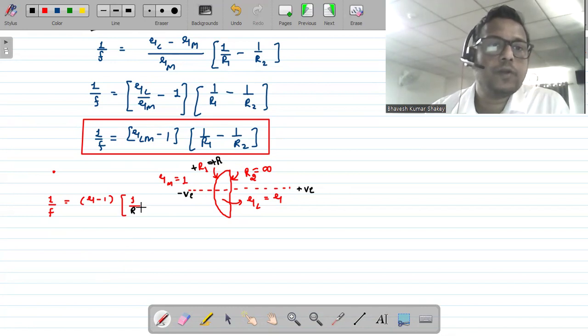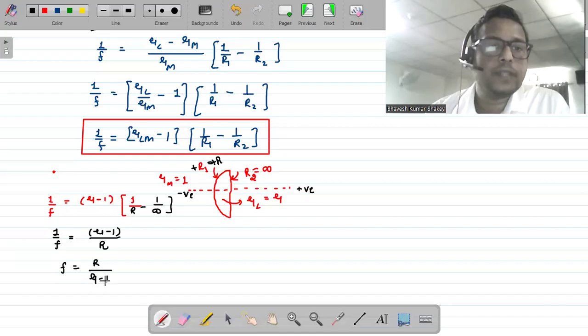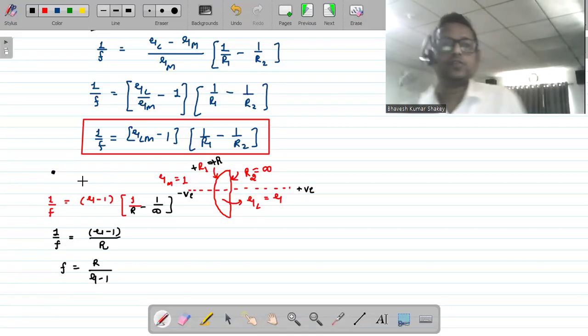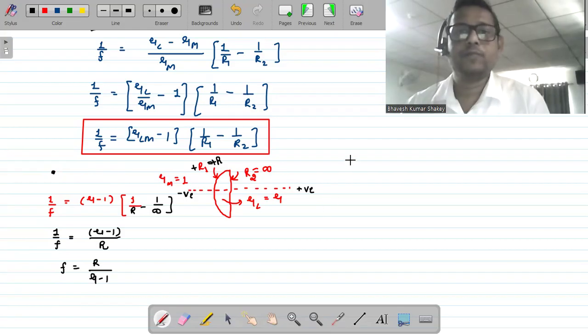So this is 1 upon r minus 1 upon infinity. From here I can write 1 upon f is equal to mu minus 1 divided by r, and so f is equal to r divided by mu minus 1. There are a number of cases we can solve by using this lens maker's formula. Let's say I have an equiconvex lens.